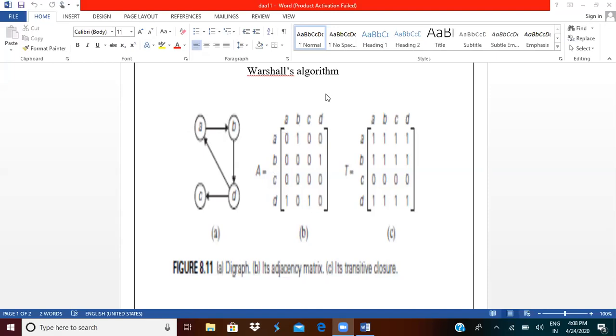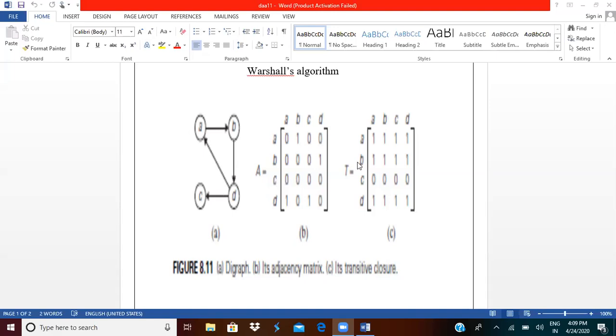B to C, there is no direct edge, hence the value is 0. There is a direct edge from B to D, the value is 1. There is a direct edge from D to A, hence the value is 1. There is a direct edge from D to C, hence the value is 1. This is an adjacency matrix. We have understood the concept of digraph and the concept of adjacency matrix.